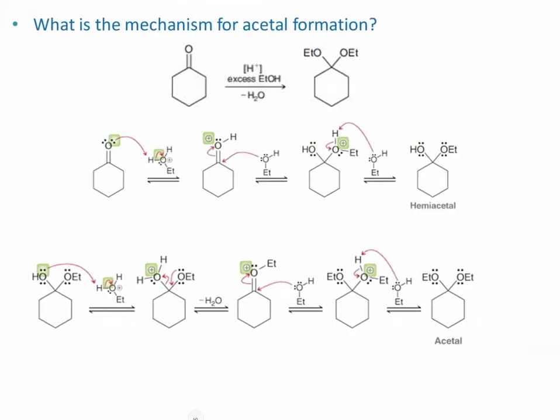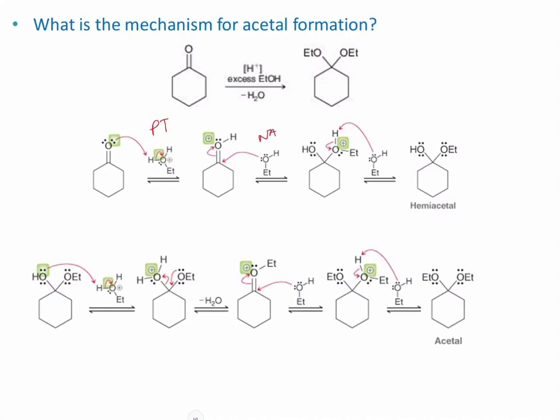Now, let us look at the mechanism of the acetal formation. So in the first step, we say that these are weak nucleophiles, so we need to first of all do protonation of the carbonyl. So in the first step, we do a proton transfer, and then after we do a proton transfer, now we can have a nucleophilic attack.